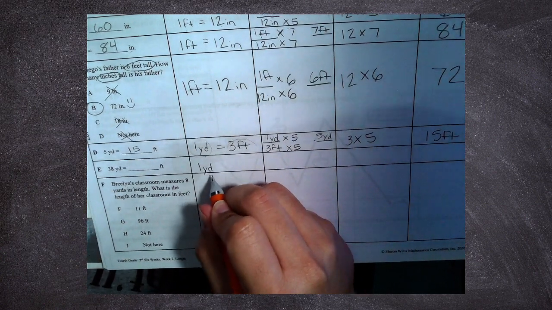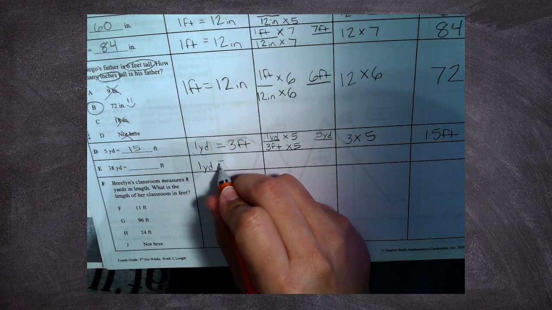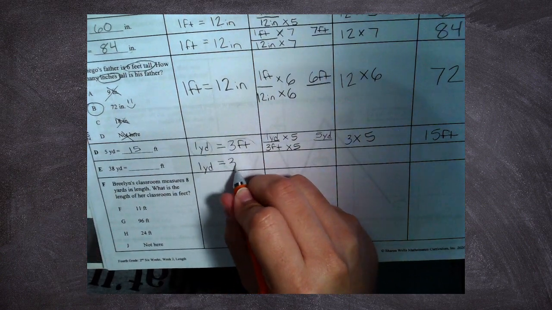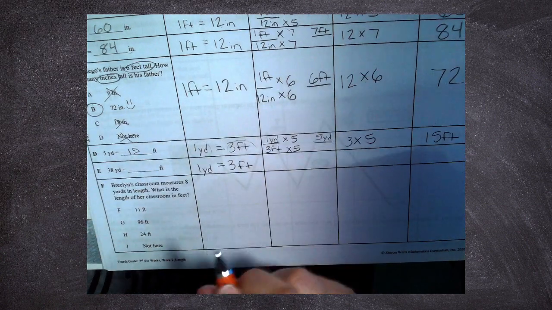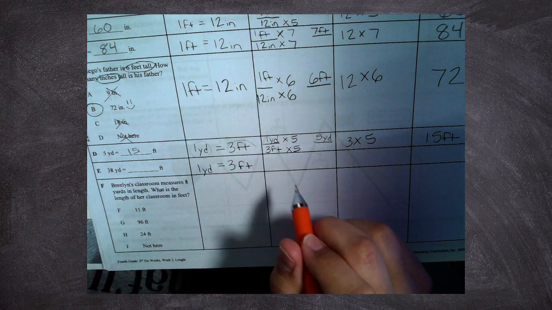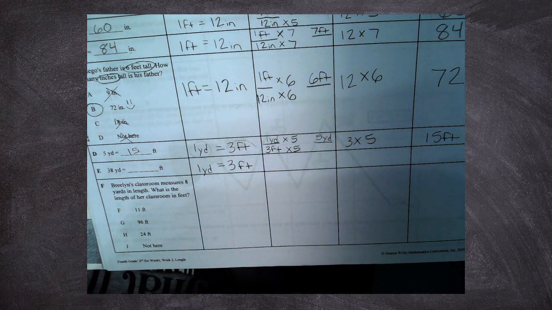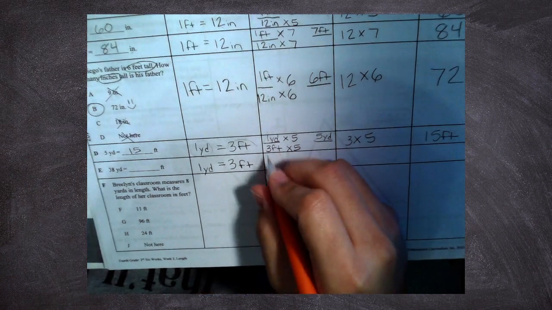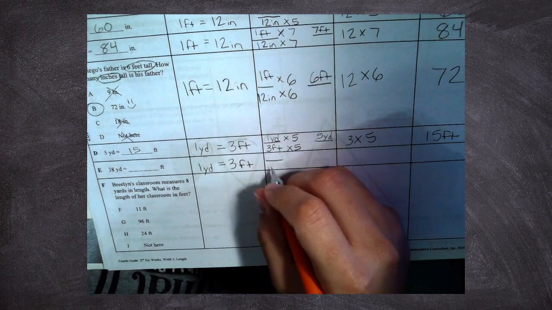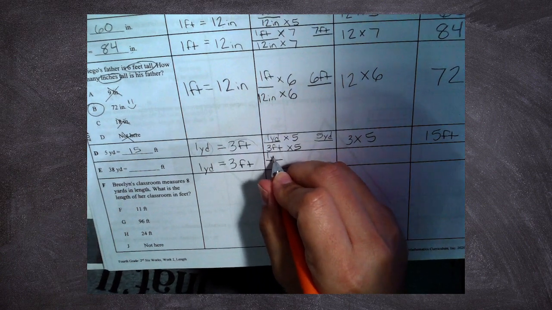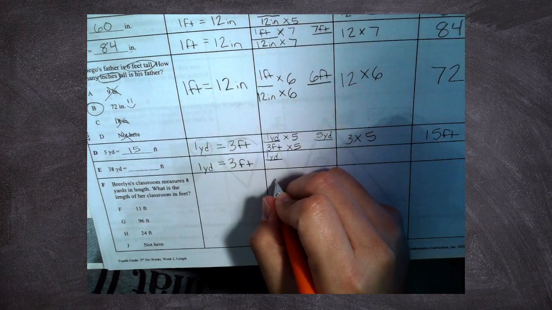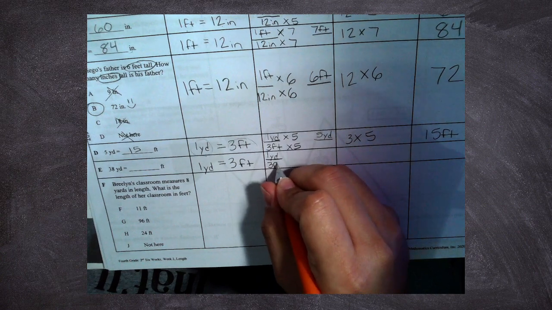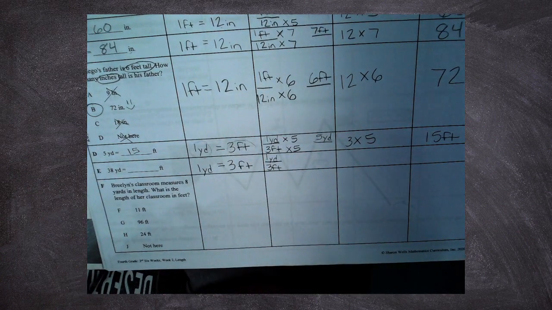If I have 1 yard, that's the same thing as having 3 feet. 1 yard equal to, same as. I'm gonna write them like they're a fraction again. 1 yard on top, 3 feet on the bottom.